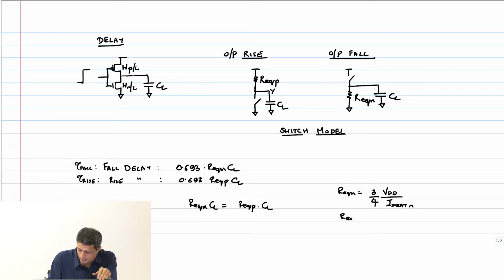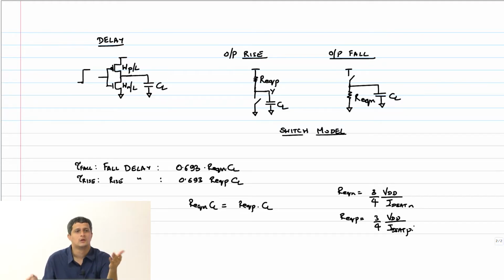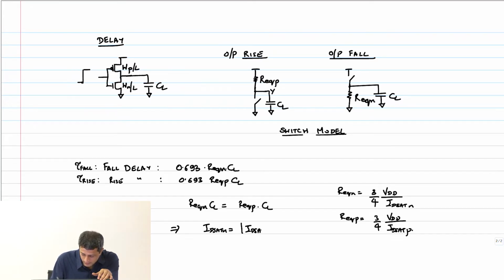R equivalent P, you can check it out, is very similar, ID sat P, right? So, I want these two to be the same, which implies that the charging current, effectively if you cancel out all the common terms, CL, VDD, everything, you will find that ID sat N should be equal to mod ID sat P, okay, leaving out all the signs there because I am just talking about the magnitude of current here.